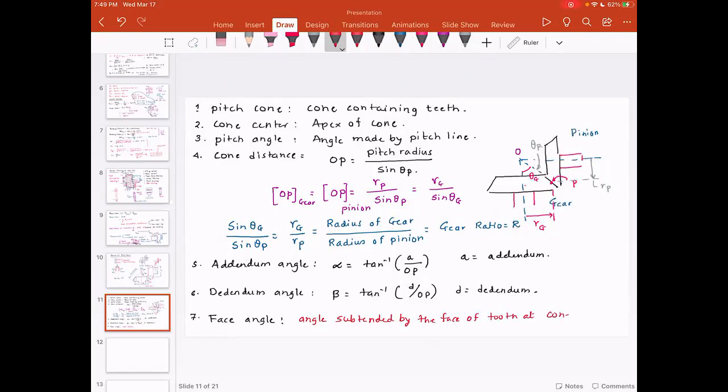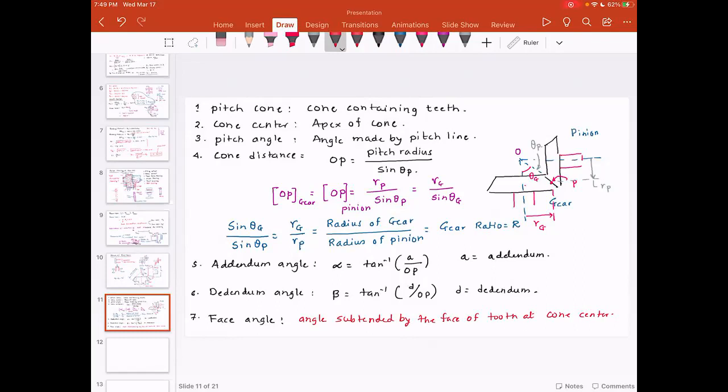At cone center. Then you will have the same stuff: back cone distance, mounting height, the pitch diameter. These parameters are used when we actually design the gear.